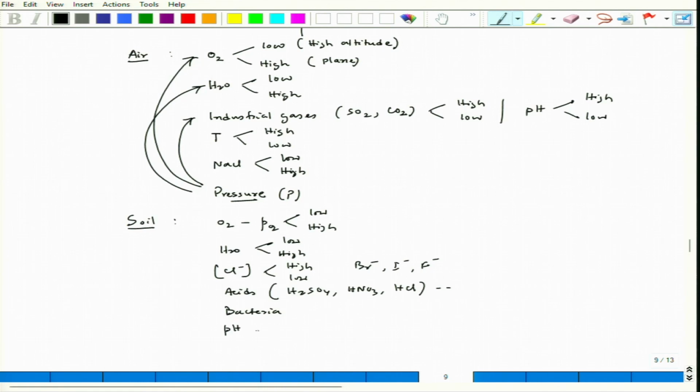When we talk about pH, it could be neutral, basic or acidic. Depending on the constituents present in the soil, it can have several pH levels, and at different pH levels one material can behave differently. For example, very high pH is good for iron protection in concrete, and that pH level should be around 12.5 to 13.